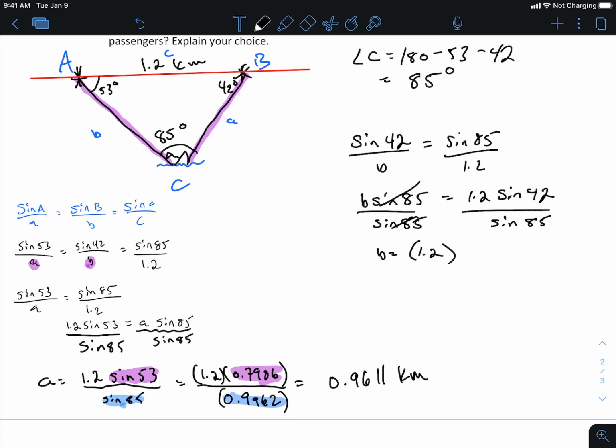You don't have to worry about the cosine and tangent columns because we're only using sine. So 1.2 times 0.6691 divided by sine of 85. We should see that somewhere already. 0.9962.